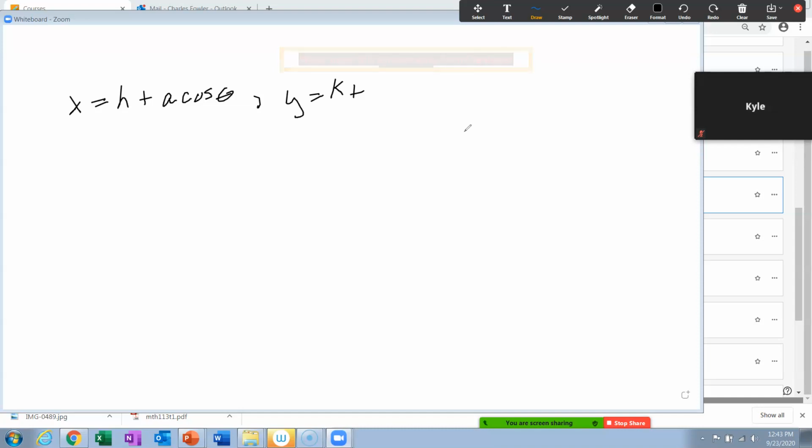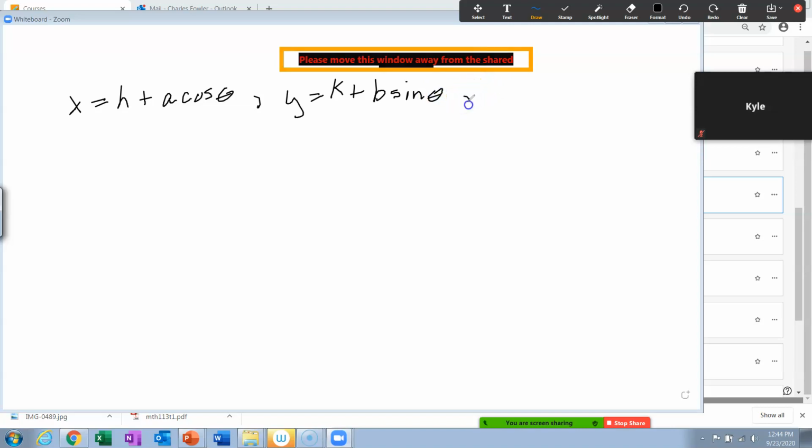We're on the bottom part of 703, which is saying this. I was just writing it down now. x is equal to h plus a cosine theta, y is equal to k plus b sine theta, and theta is going from 0 to 2 pi.